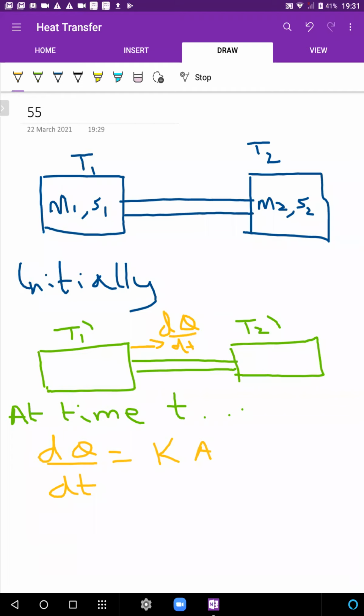I'm removing the minus sign. Instead of writing minus (T2 dash minus T1 dash), I'm directly writing T1 dash minus T2 dash. I've just made the assumption that T1 dash is hotter, and that's maybe told in the question. One of them is hotter than the other. Let's say T1 is hotter than T2. So dQ by dt is K A (T1 dash minus T2 dash).